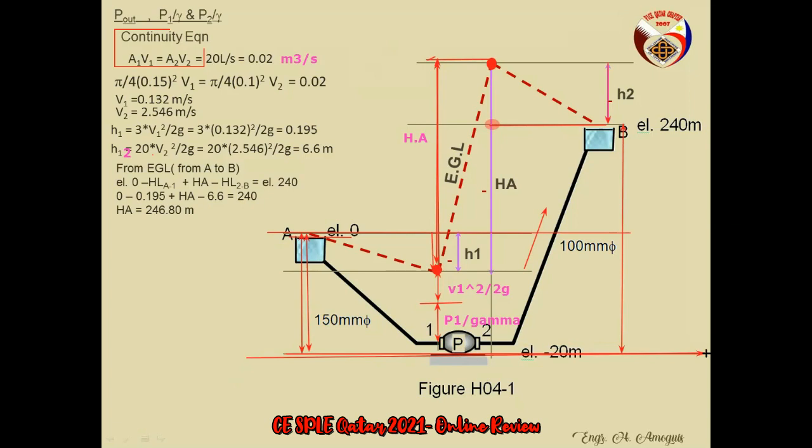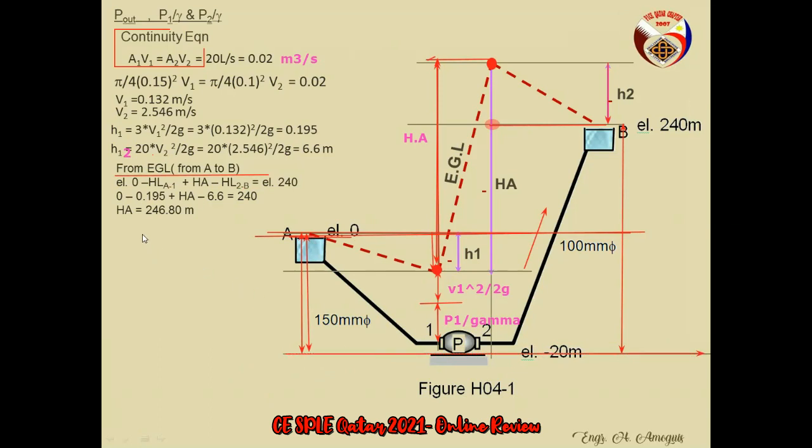Kung ito yung datum mo, so yung elevation A ko, meron niyang 20 meters. Pero ang datum ko for this solution is elevation 0. So, hindi na pumapasok ang minus 20 sa usapan dahil hindi naman siya kasama sa pag-apply ng energy equation A to B. Mamaya, pagkuha sa pressure head at 1, kailangan na yung minus 20 diyan.